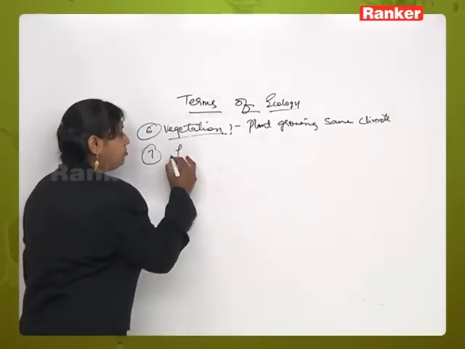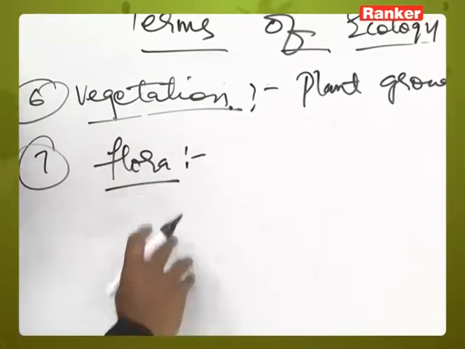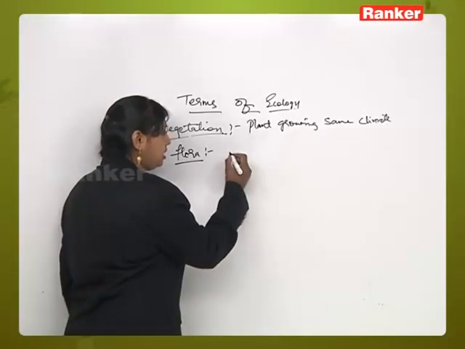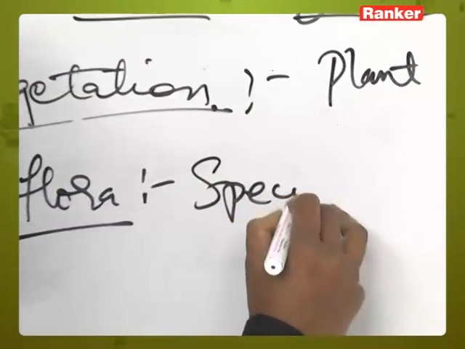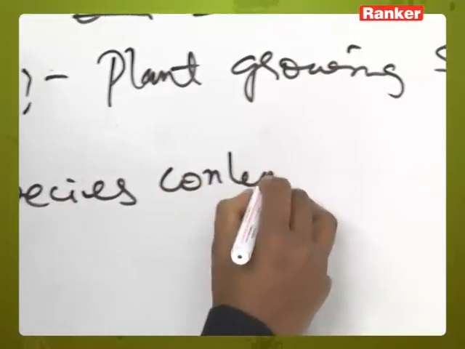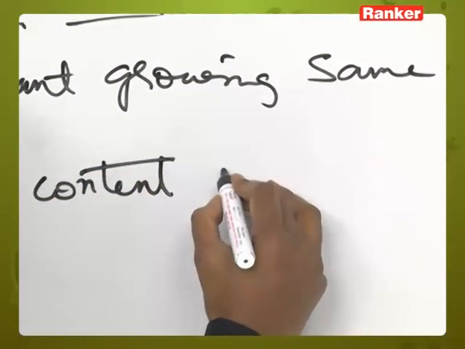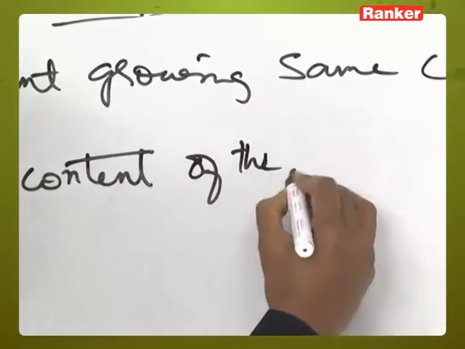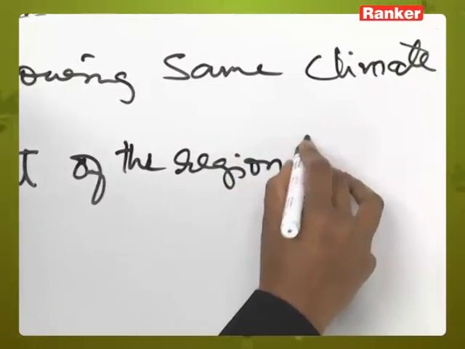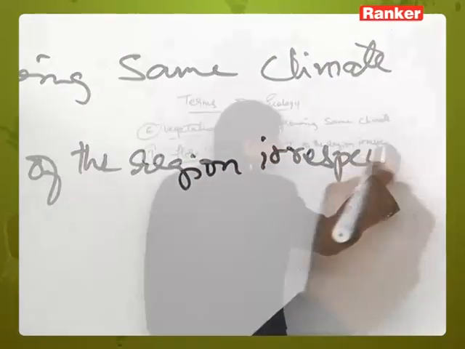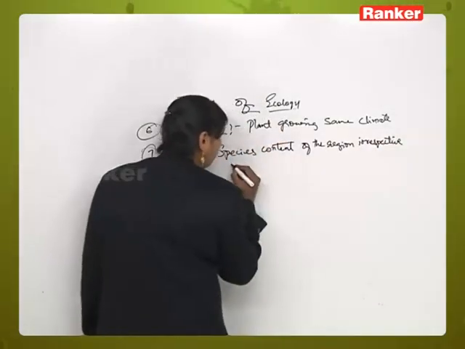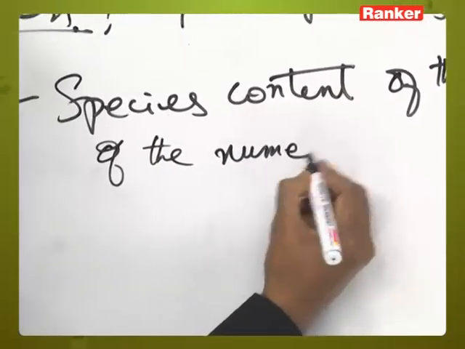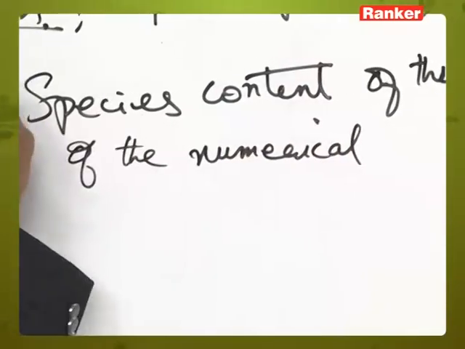Next one is flora. What is flora? We all know. It is the species content of the region irrespective of the numerical strength of species. This is very important.